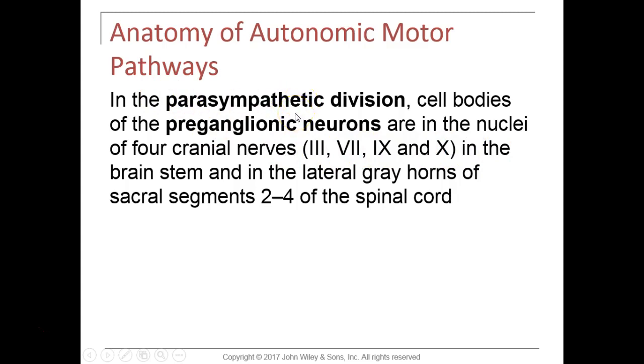However, there are some parasympathetic preganglionic neurons that have their cell body embedded in the sacral region of the spinal cord, in the lateral gray horn of the sacral region of the spinal cord. So since the preganglionic neurons are either leaving the brain in 4 cranial nerves or leaving the sacral region of the spinal cord, the parasympathetic division is also called the craniosacral division or outflow, and that's why they call it that.